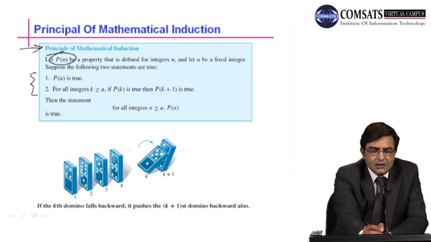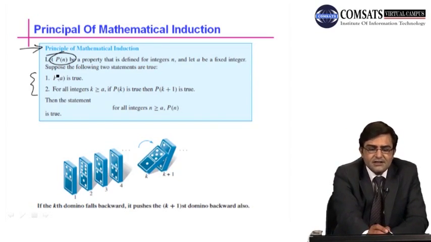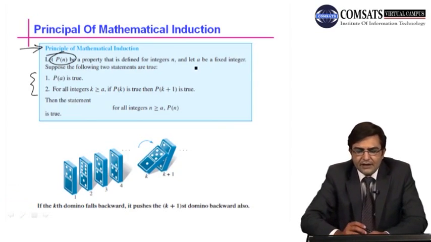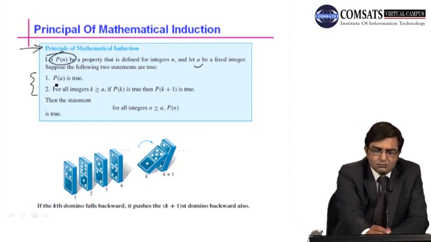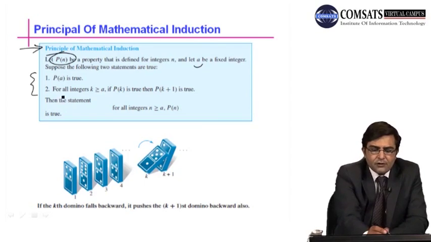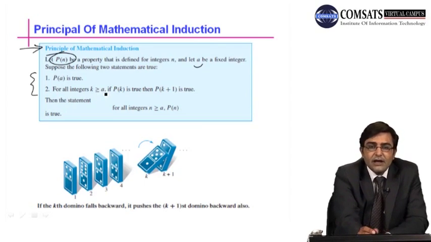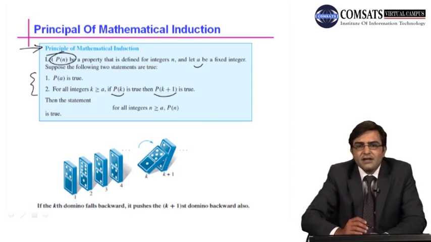Basically, the initial condition is true. Initial condition is true means for this initial integer a, the property is true, P of a is true, and then for all integers k greater than or equal to a, if P of k is true, then P of k plus 1 is true.